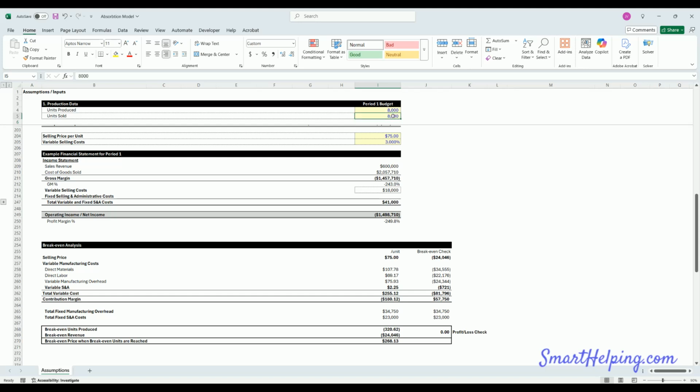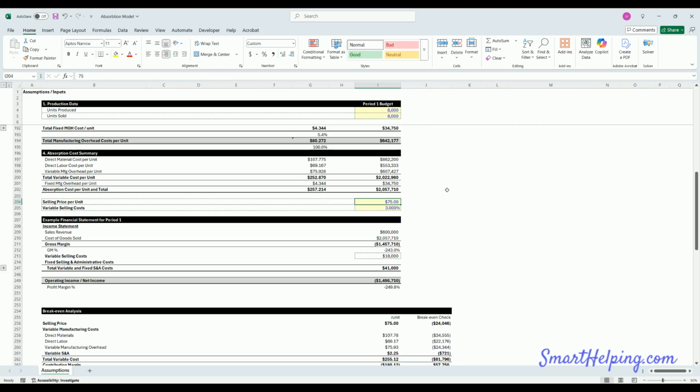Changing the units sold affects our break-even price here. But really, this is telling you the break-even price when break-even units are reached. And our break-even units, well, it's negative here. We are selling for less than, let's put this at least to a positive number. We have variable costs, so that hit.